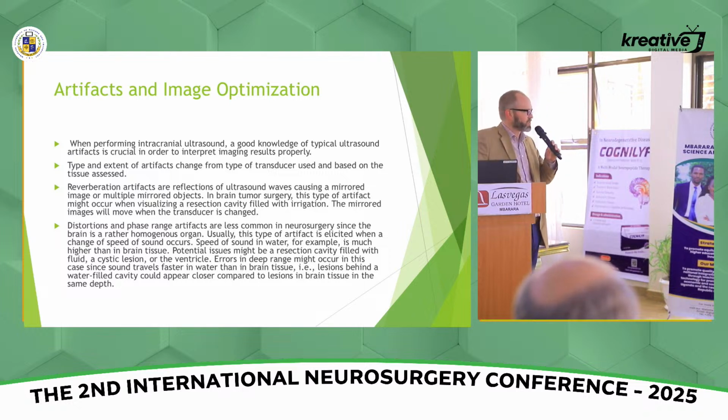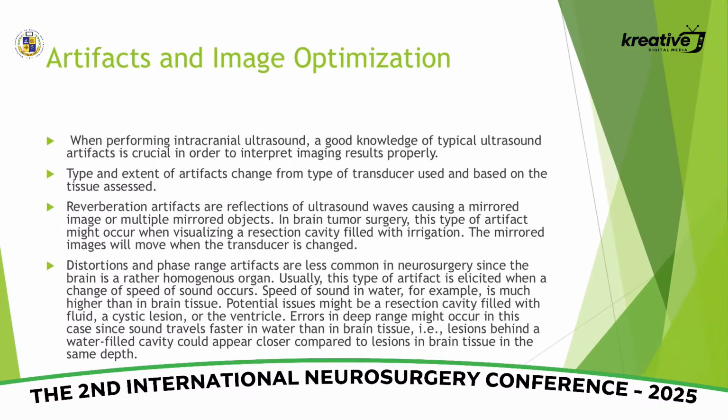So you can get distortions, phase aberration artifacts. They're also not common in neurosurgery, but I think the most common distortion is that the speed of sound in water is high and there's very little attenuation, so you get that brighter back field when you have a fluid-filled cavity. But you need a fluid-filled cavity to be able to see all your structures because ultrasound won't go through air, right?